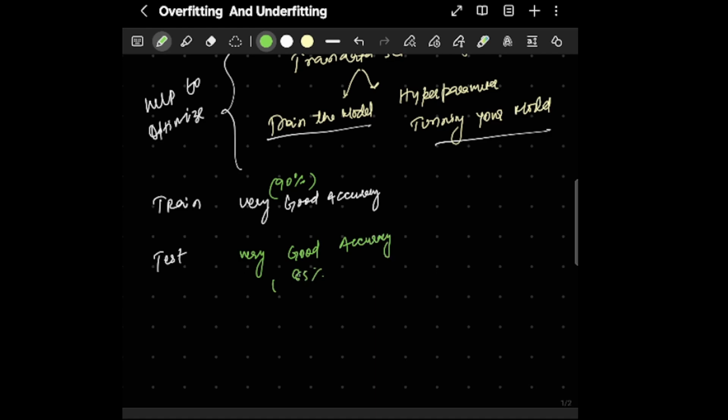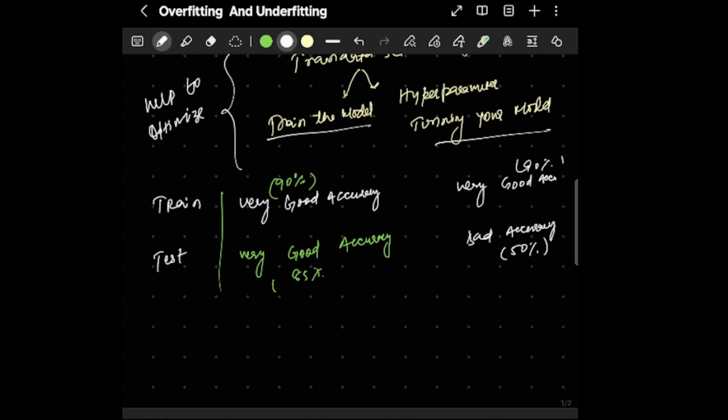But if the test accuracy were bad, around 50%, that would be different. So if both train and test data have very good accuracy, the model is a generalized model.